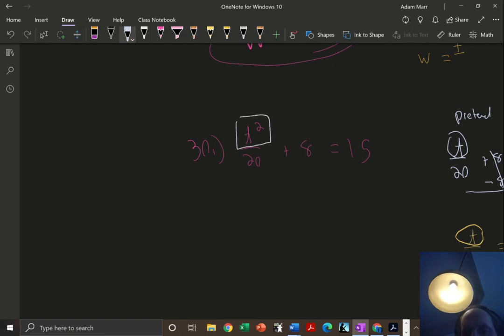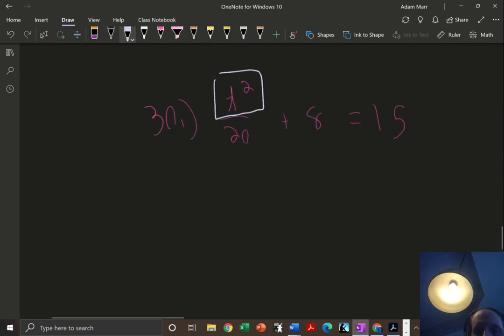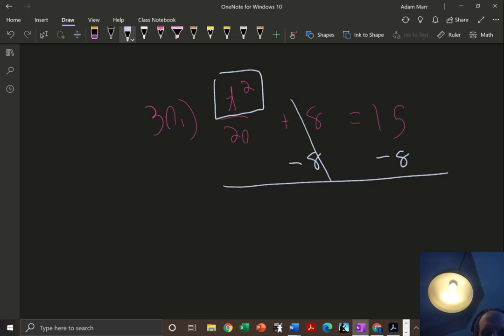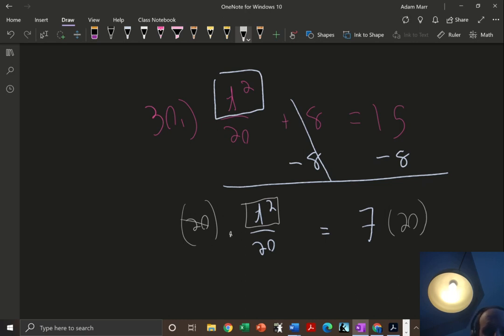Just think of it as like t over 20 plus 8 equals 15. So first step, I'm going to subtract 8 on both sides. And I have t squared over 20 equals 15 minus 8, which is 7. Now I'm still solving for that t squared, so I'm going to multiply by 20 on both sides. That's gone, so I have t squared equals 7 times 20, which is 140.